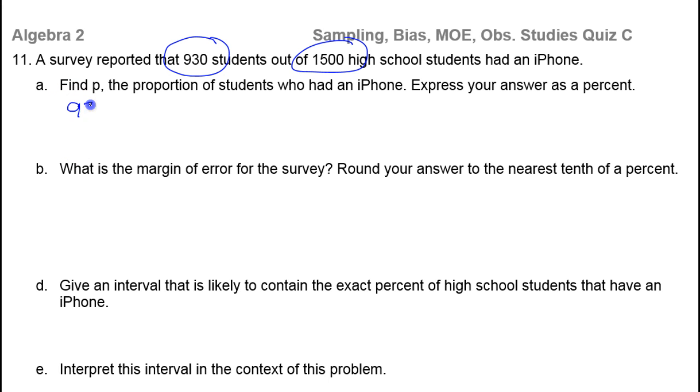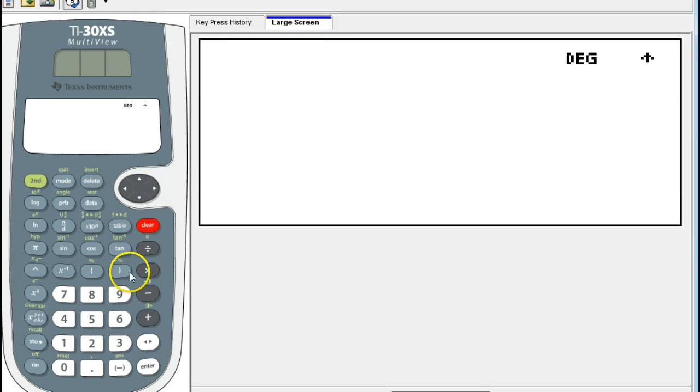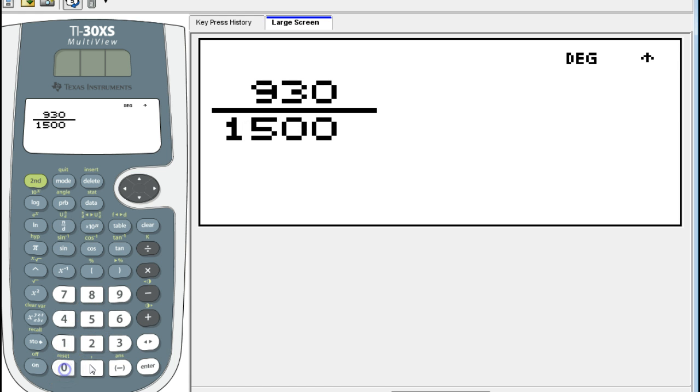Yeah, you just do 930 divided by 1,500, all right? And then you're going to multiply by 100, move the decimal point twice. So this is what you should be doing for this problem. So it's 930 divided by what again? 1,500.